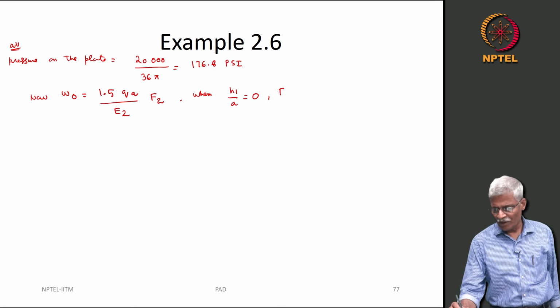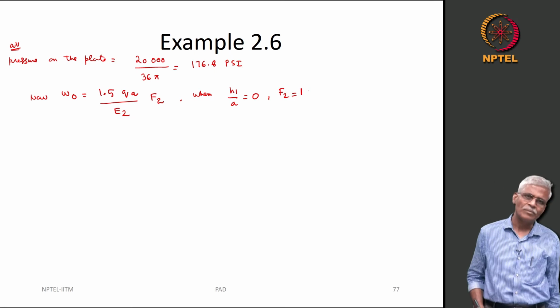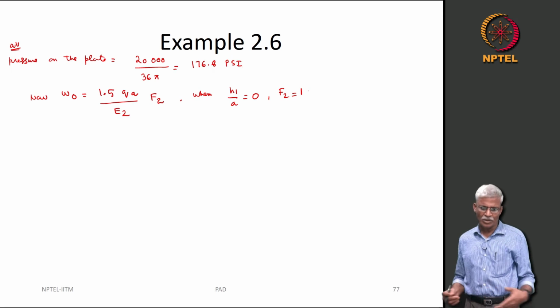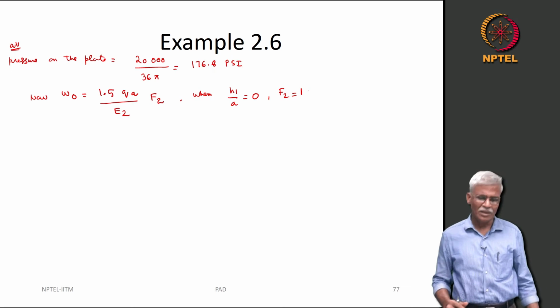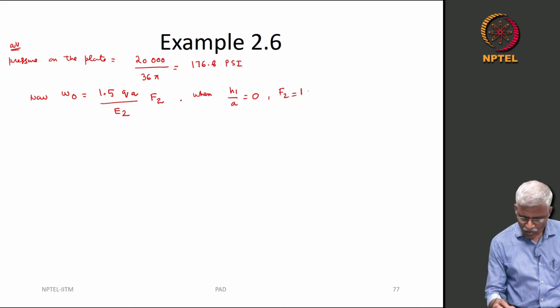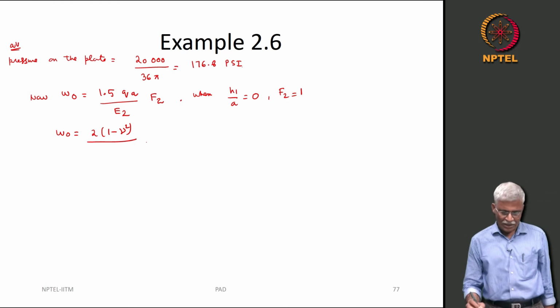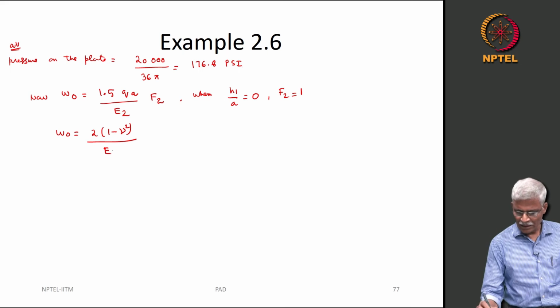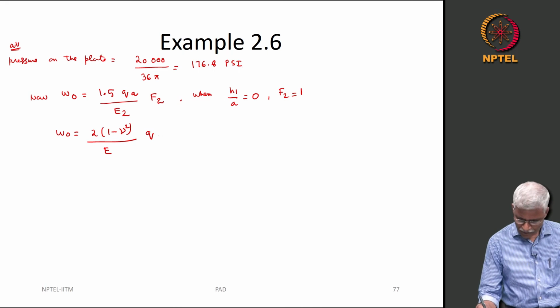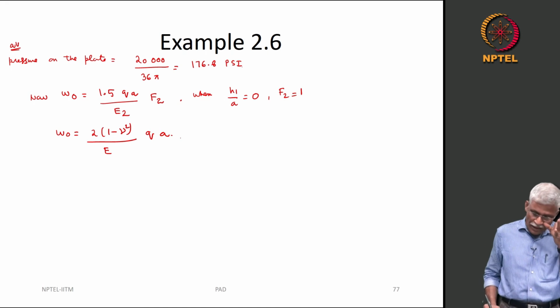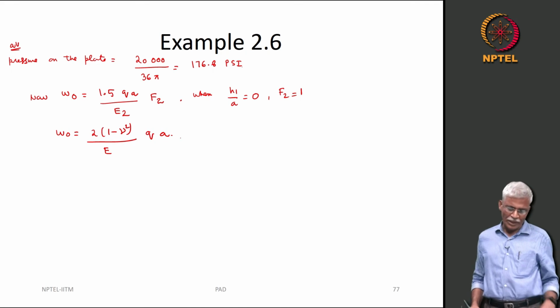F2 can actually become 1, okay, because this becomes basically a single layer problem now. So, on the other hand, we will use this formula, which is for the Q times A, right. This is the same thing that you are going to get.